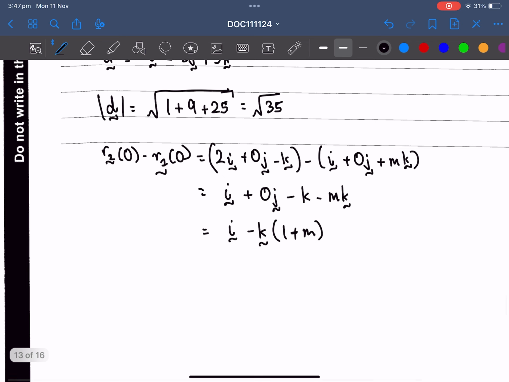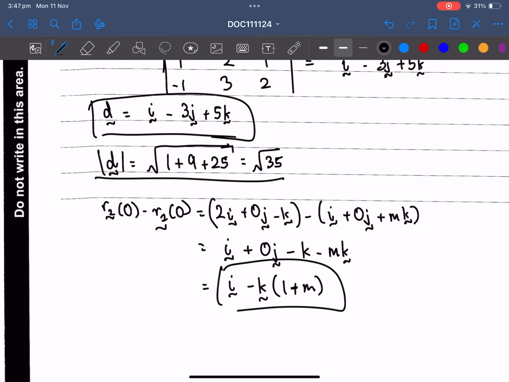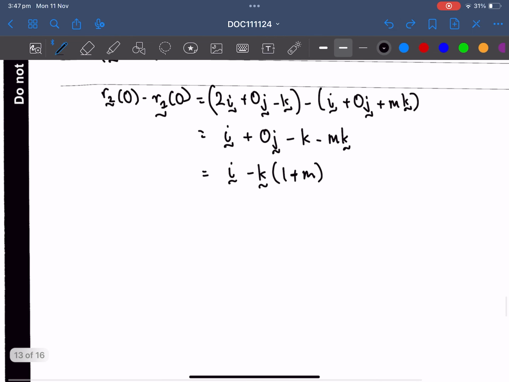And now we just need the dot product between d and this vector, and then divide it by the magnitude, and of course set it to the value given here, and that will give us the values or value for m.